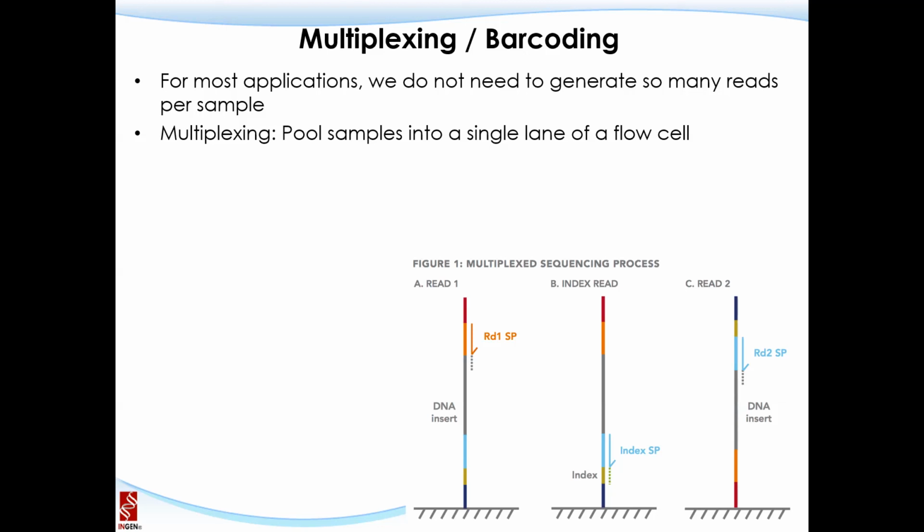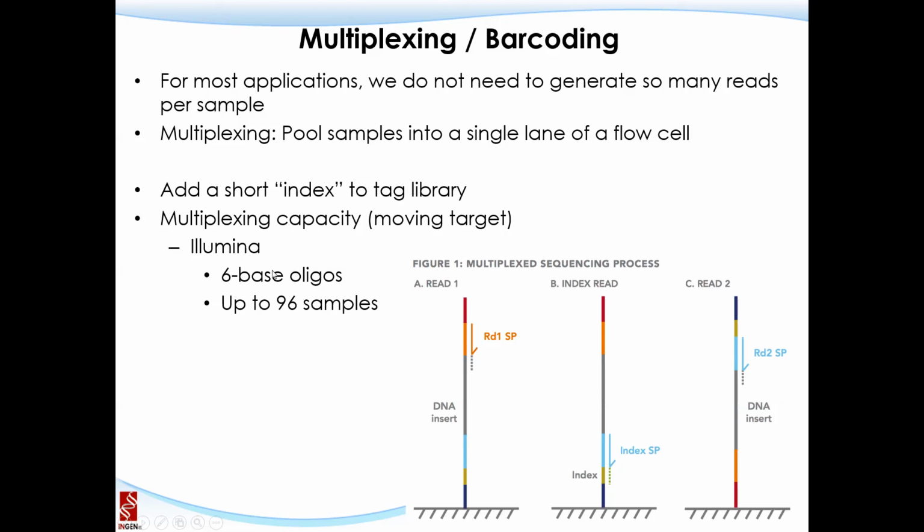The way to do that is you combine the 10 samples together to do the sequencing, but you have to, in a certain way, know which sequencing read is coming from which sample. So this is the barcoding. For most applications, we do not need to generate so many reads per sample, so we pool into a single lane of a flow cell and add a short index to tag the library.